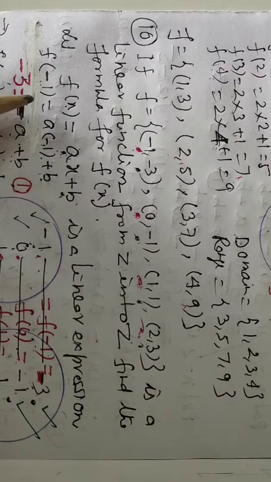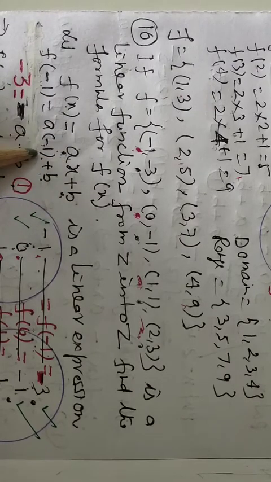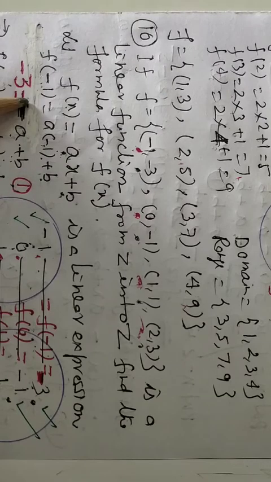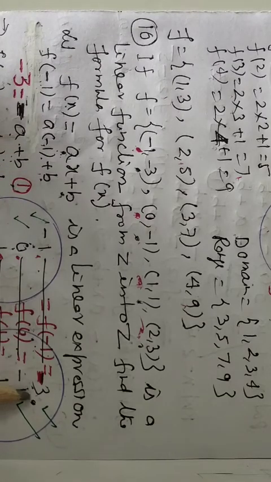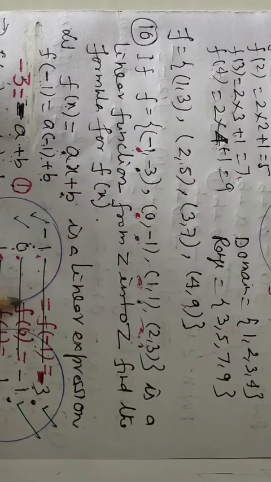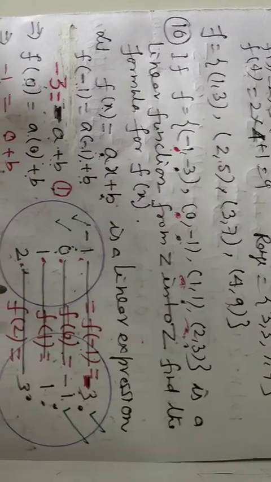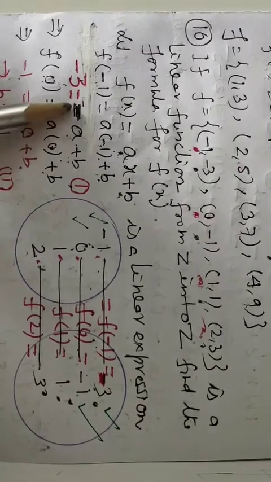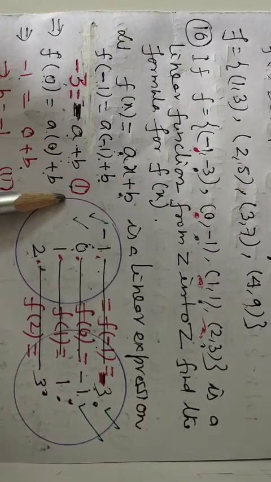Now f(-1), if -1 it becomes f(-1), 0 becomes f(0). Now putting x is equal to -1 in this formula, we get a into -1 plus b. f(-1) is already given as -3, since -1 is going to -3. So -3 is equal to -a plus b, first equation.